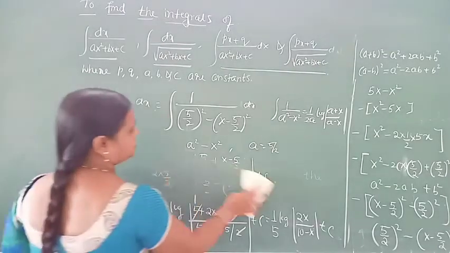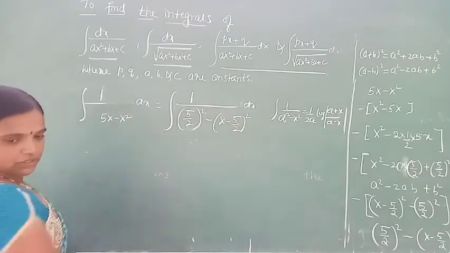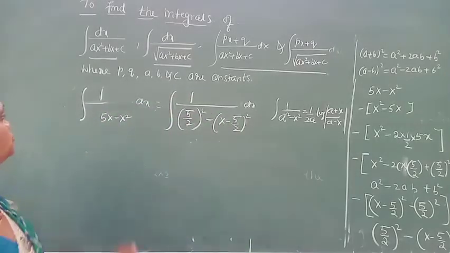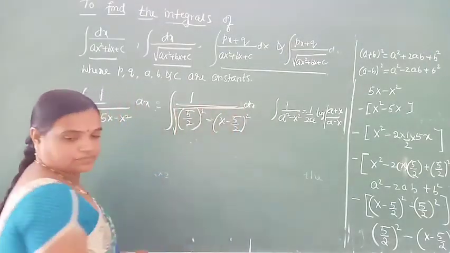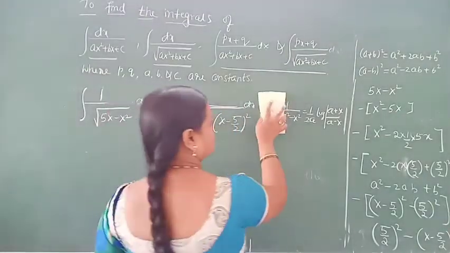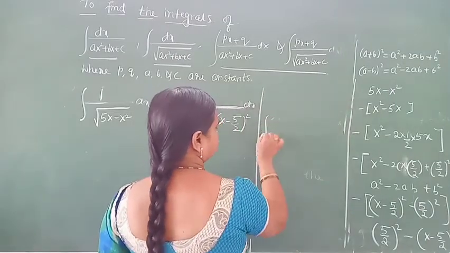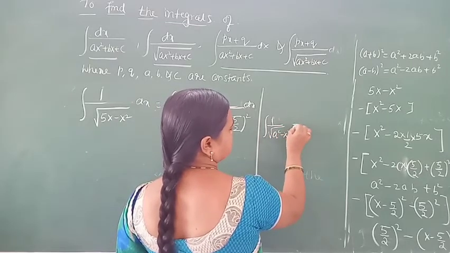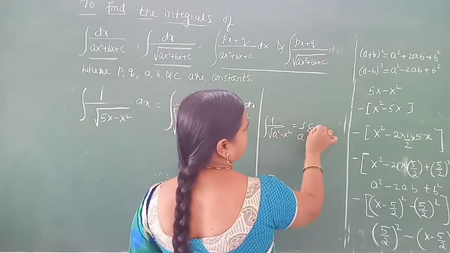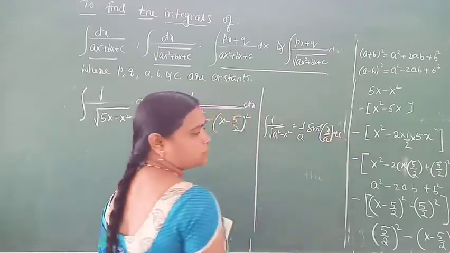Suppose if they mention a root like this, this is also in the form of a root. And which formula do we apply here? Here we apply integration of 1 divided by root of a square minus x square. That is the formula 1 by a sin inverse x by a plus c. That formula we have to apply here.